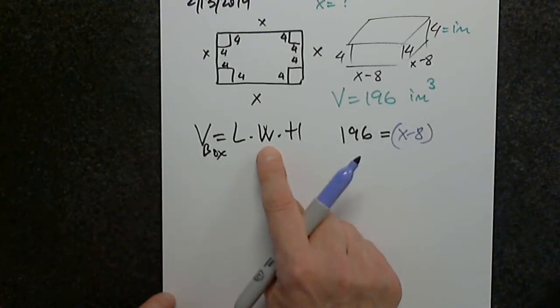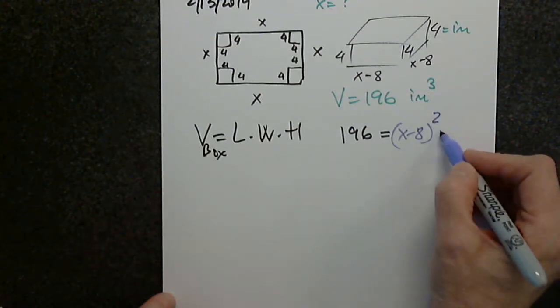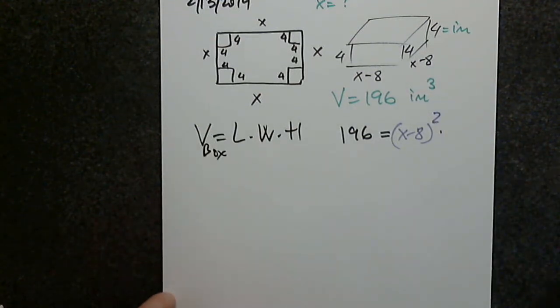What is the width? Four. Of course. Multiplied by the height. What is the height? 4. Very good. Excellent. So length times width times height equals 196.